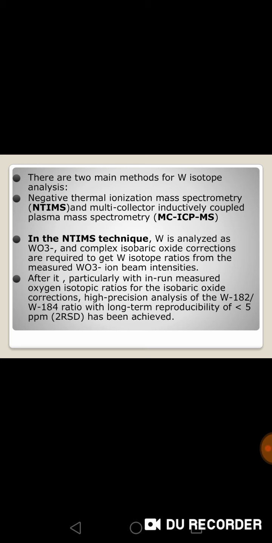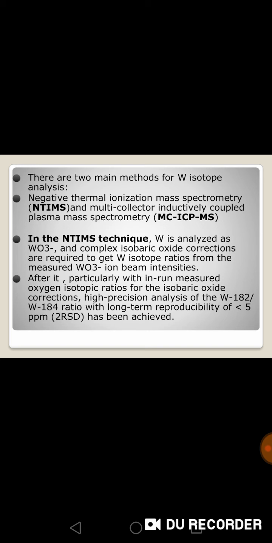Next, there are two main methods for tungsten isotopic analysis. The first one is negative thermal ionization mass spectrometry, N-TIMS, and the second is multi-collector inductively coupled plasma mass spectrometry. The first one is the N-TIMS technique.